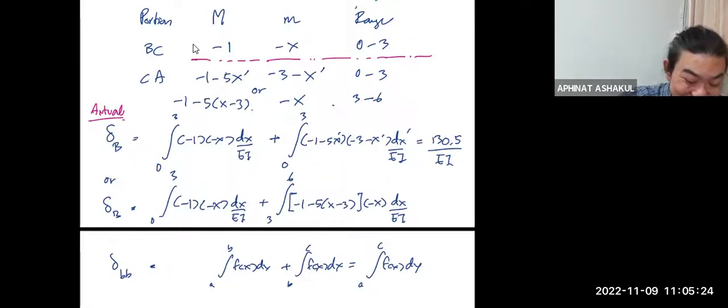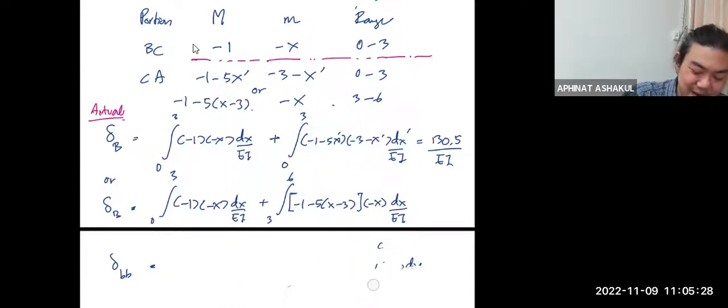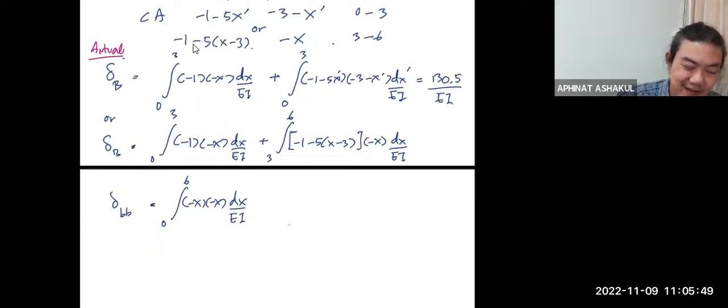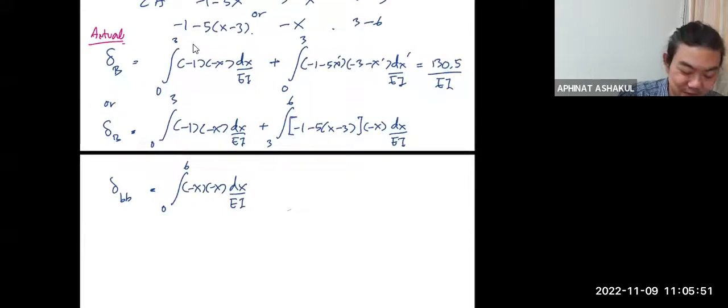So, okay, let's remove it. You don't need to write it. My point is that I can now perform the integration from 0 to 6 of minus x times minus x dx over EI. But some of you are just so inflexible, so to speak.